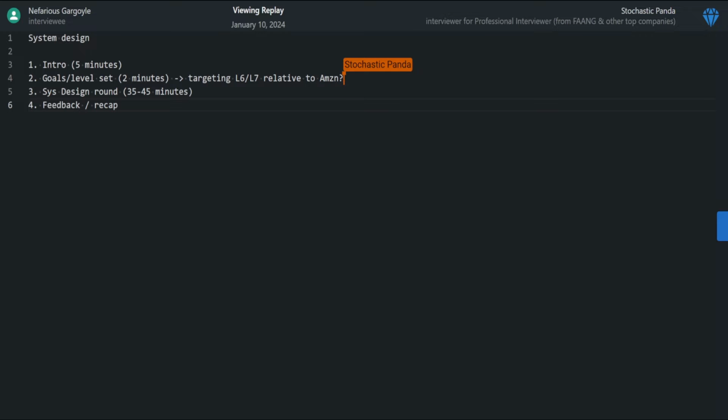I think in Meta it's E5, so I'm not sure if it's L6 maybe, but I think it's around there. Okay, so Amazon and Meta levels are slightly different, but let's say E5 Meta. Okay, great. So that is helpful.